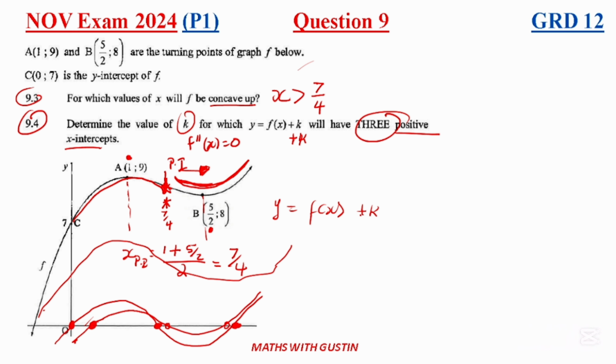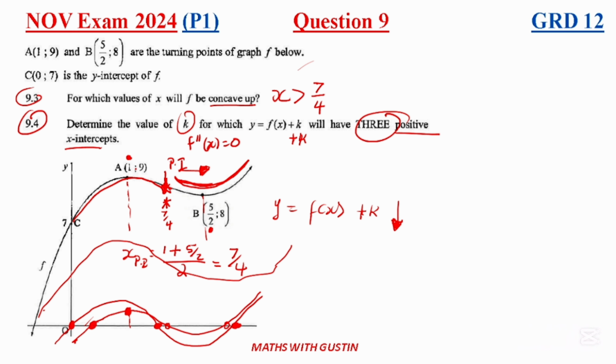We're moving it down, so this downwards movement, it's affecting what? It's only affecting the y values. So it's gonna move down, and eventually when it gets somewhere here, it's going to start affecting the x values.